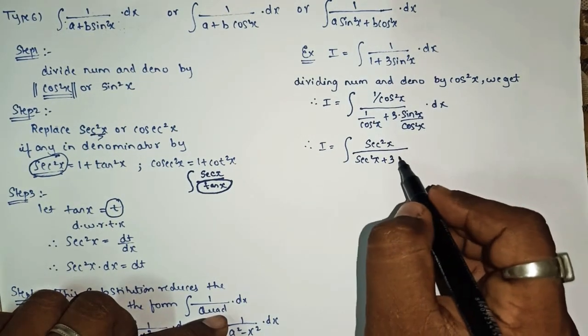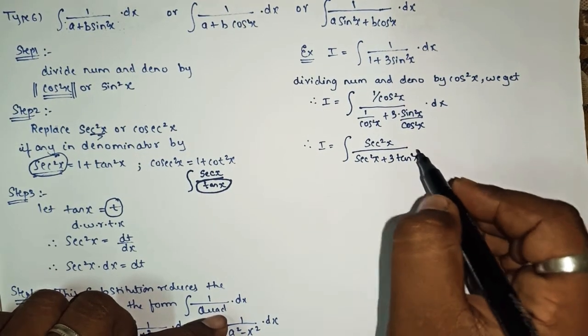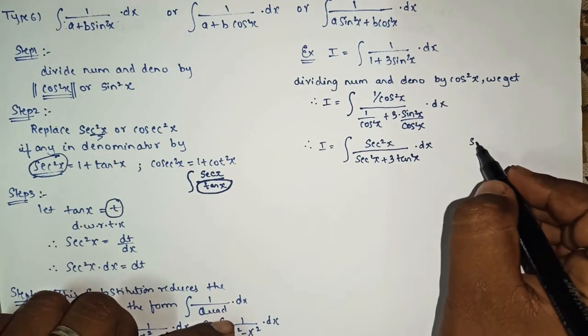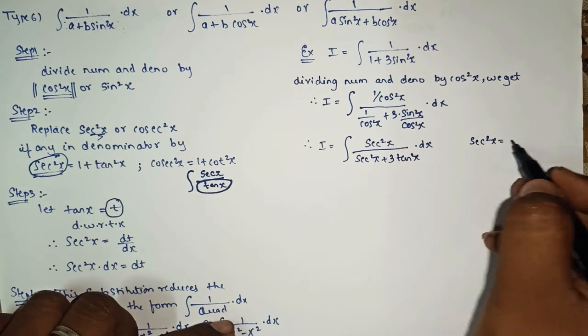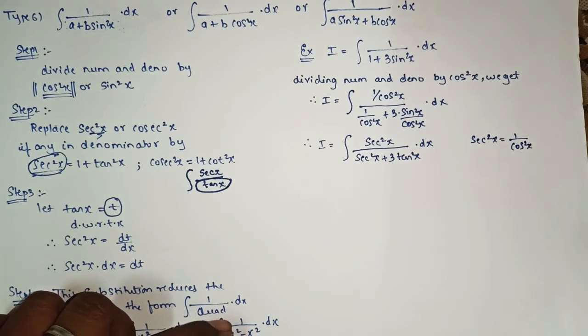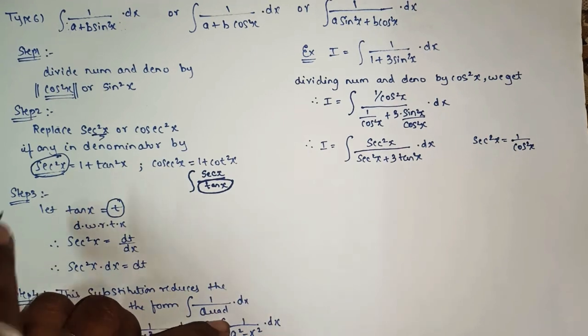Sine square upon cos square will be tan square, into dx. So here we know that sec square x is 1 upon cos square x by using the trigonometric formula. So that was step number 1.